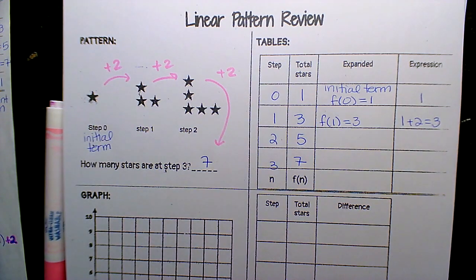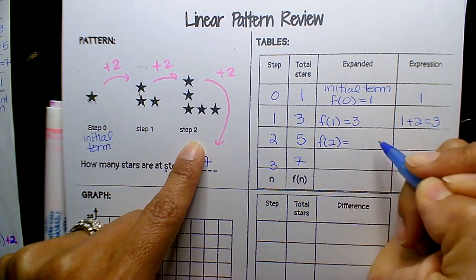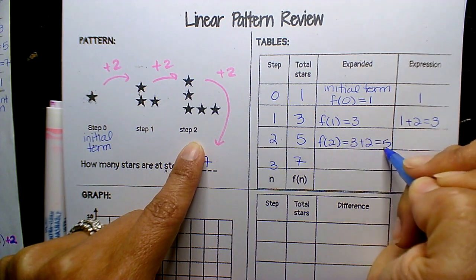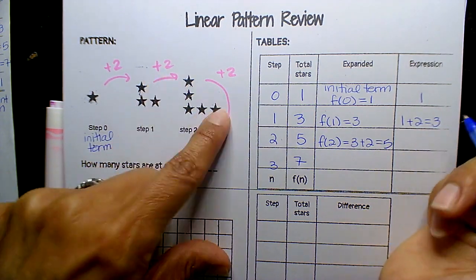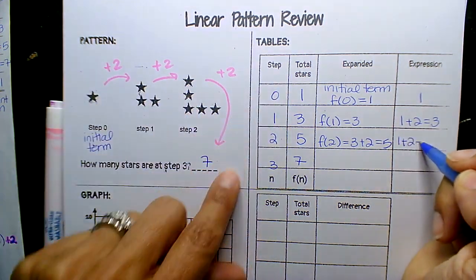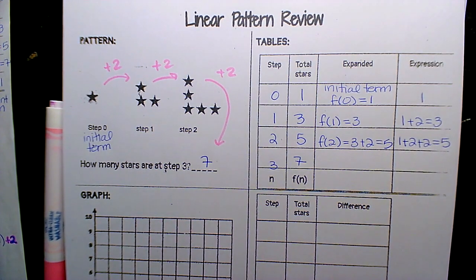You guys know this already in your head, so I'm being super elementary redundant. f of 2 is equal to 3 plus 2, which is 5. Or you could think of it as your very initial term, add 2, and that's how you get the 5. So they just want you to realize sequencing, that you add 2.